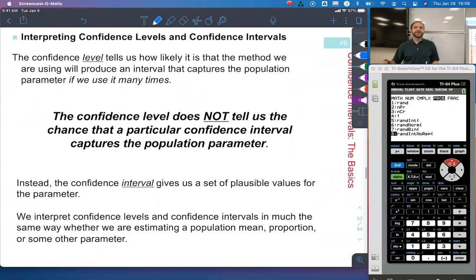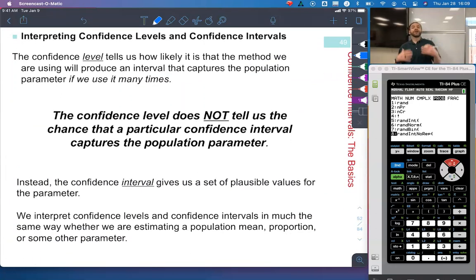So, confidence level tells us how likely it is that the method we are using is going to produce an interval that captures the population parameter if we use it many times. The confidence level does not tell us the chance. Confidence level does not equal chance that our particular confidence interval captures the population parameter. Confidence level does not equal chance.